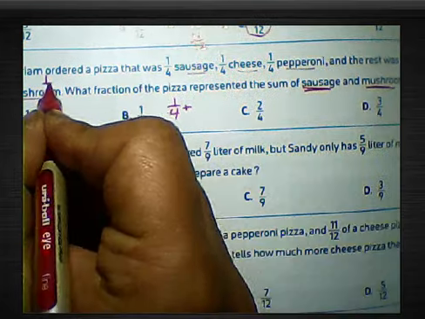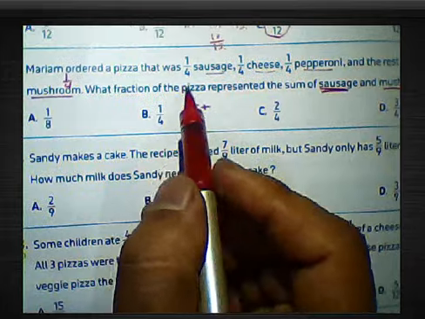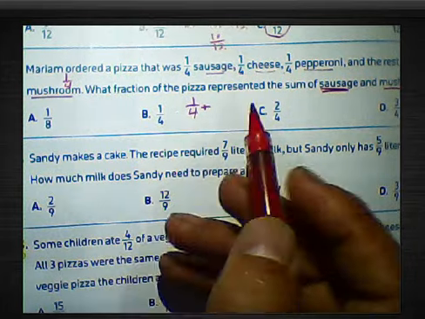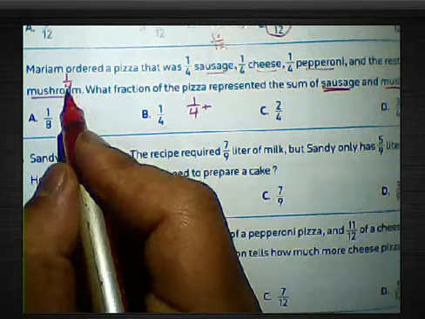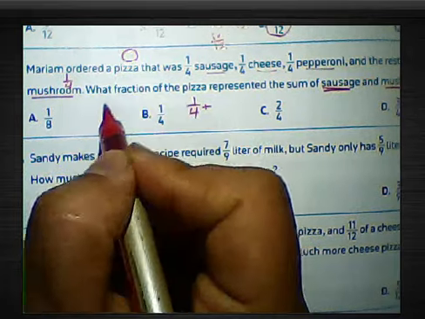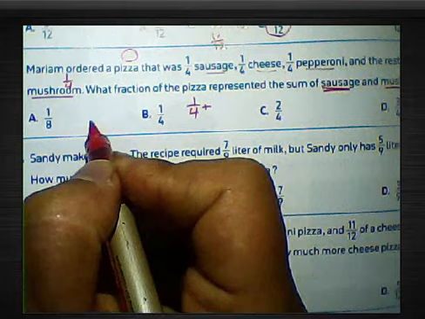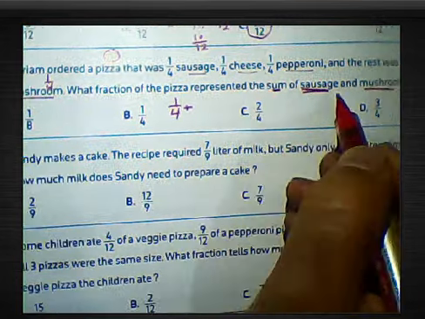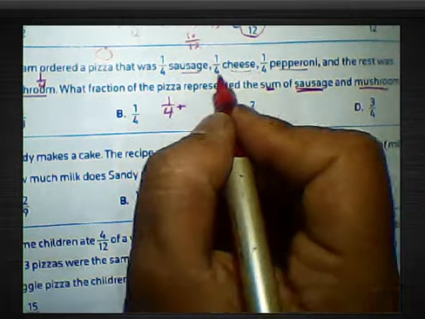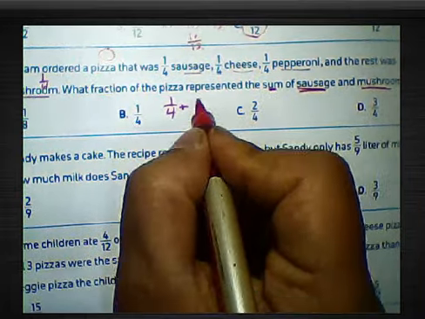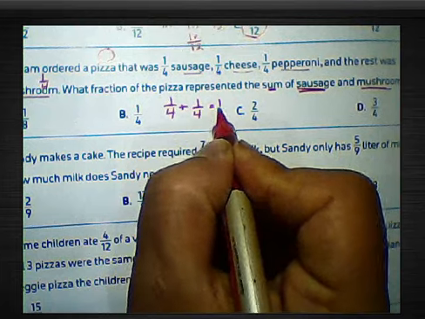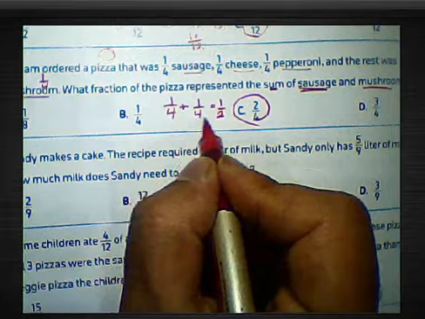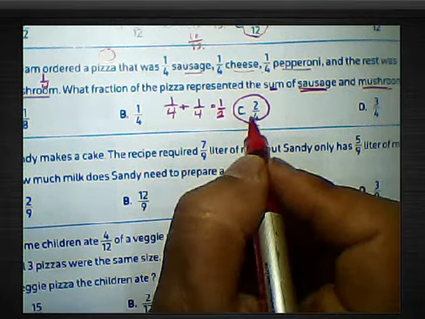Mushroom will be one half here, because 1/4 plus 1/4 plus 1/4 equals 3/4, and 3/4 plus 1/4 will be 1 whole pizza. He asked about the sum of cheese and mushroom, 1/4 and 1/4. 1/4 plus 1/4 equals half, or 2/4. We write 4 in the denominator, and 1 plus 1 equals 2. The result will be 2/4.